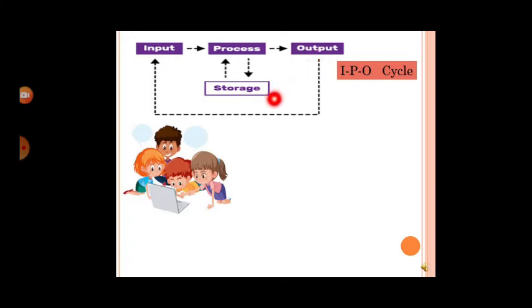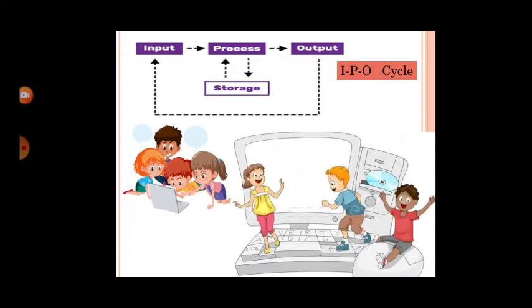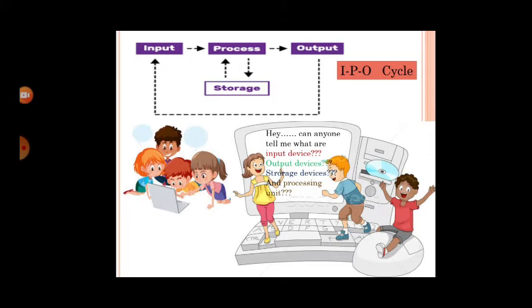We input the number 2 to the system, and we ask it to do the addition, that is processing, and then we want the output as 4. Now they are asking, can anyone tell me what are all the input device, output device, storage device and processing unit? Let us discuss one by one now.